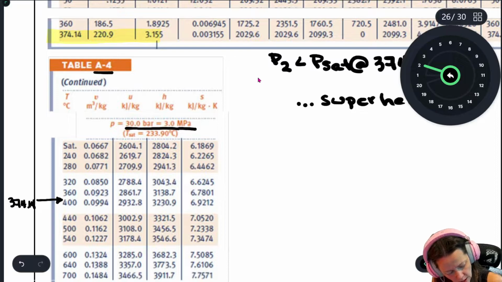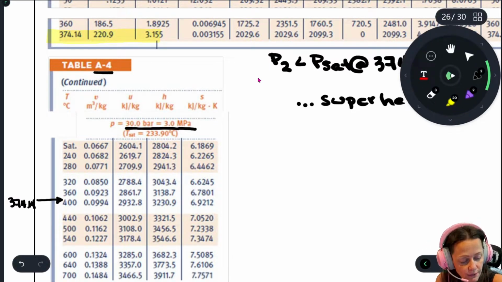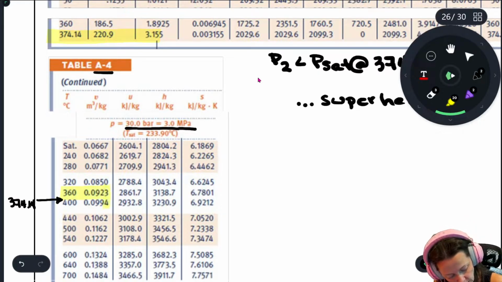374.14, which means that I am going to have to interpolate between these two guys to get that specific volume.